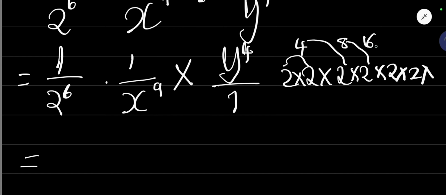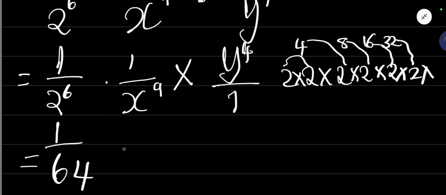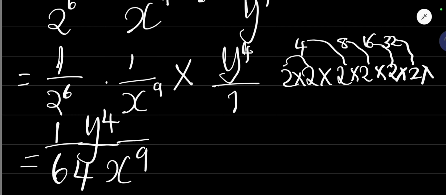It is 16. 16 times 2 is 32. 32 times 2 is 64. Okay, so 2 exponent 6 will give us 64, times that 1, times that y exponent 4, and then x exponent 9.